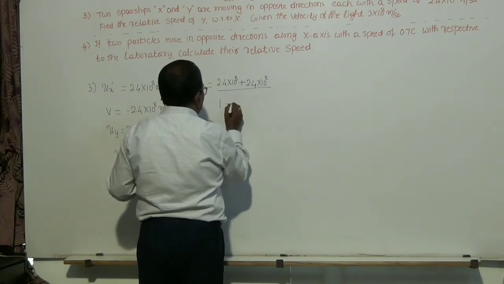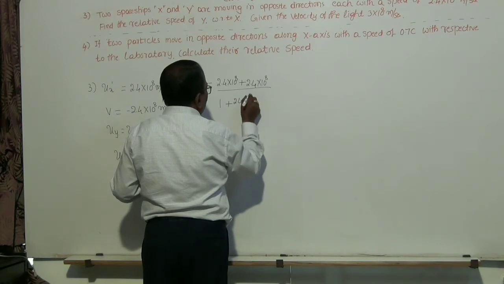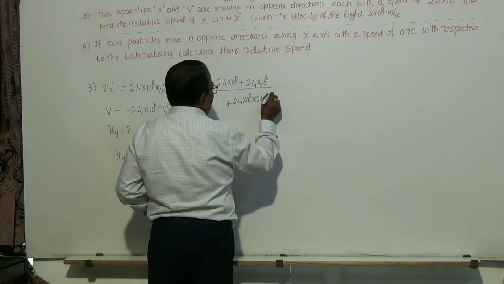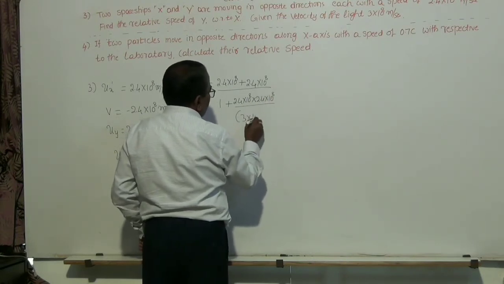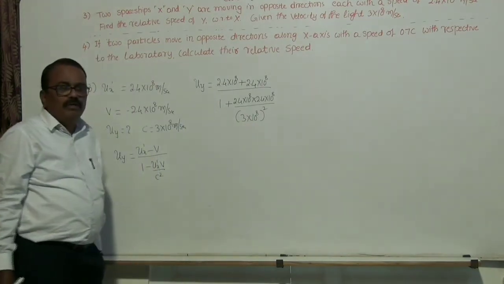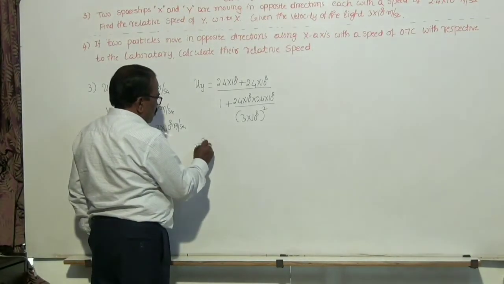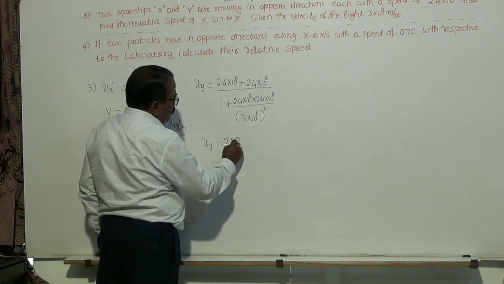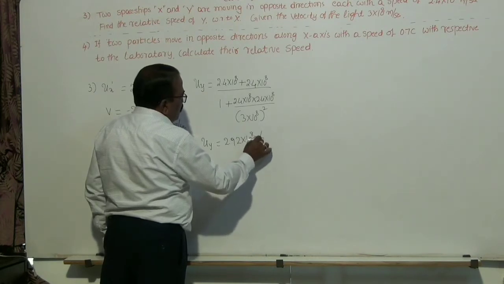Again this becomes plus 2.4 into 10 raised to 8 into 2.4 into 10 raised to 8 divided by c square, 3 into 10 raised to 8 whole square. If you simplify this, you are going to get this uy as 2.92 into 10 raised to 8 meter per second.